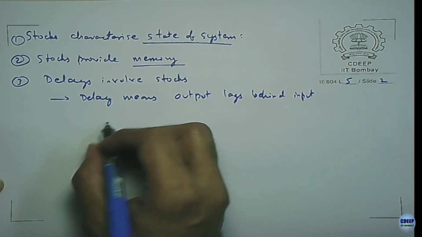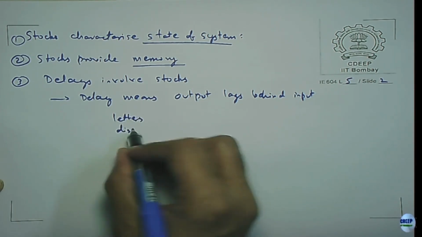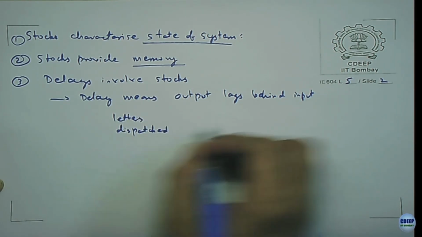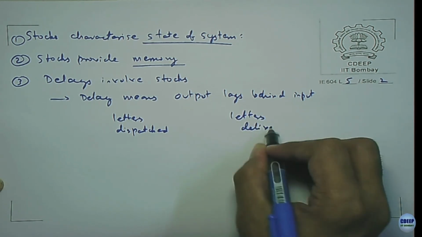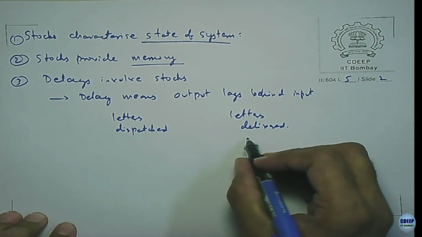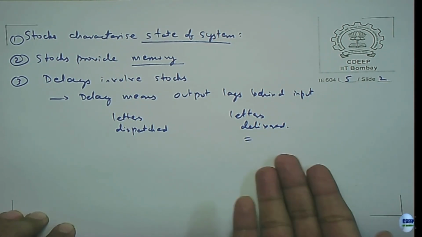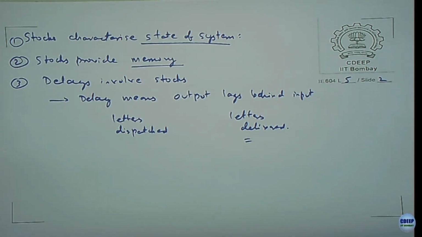So if I have, say, letters dispatched and then letters delivered, delivered will typically be whatever letters were dispatched some periods earlier. Whatever letters are dispatched today will be delivered some L time periods later, say 1 week later. So 1 week worth of letters has to be there in the pipeline.